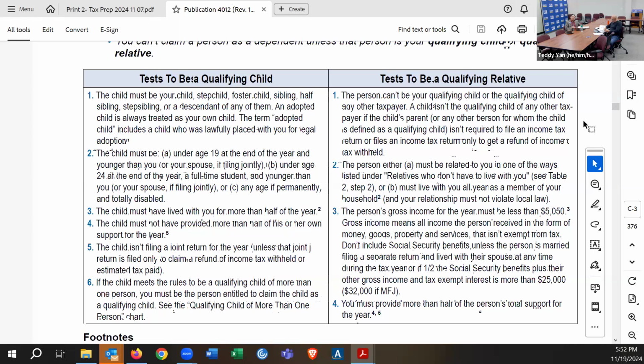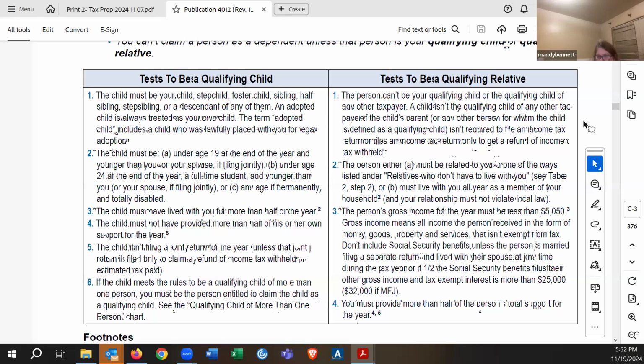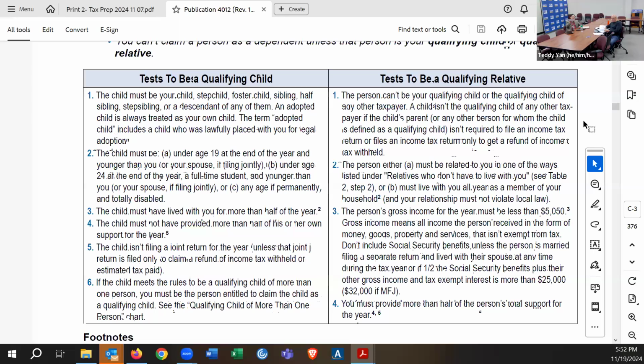Does Dottie meet the qualifying child rules for more than one person? I don't understand the question. Can she be anyone else's qualifying child? Oh, no. Can she? Manny. Is Dottie Manny's qualifying child?